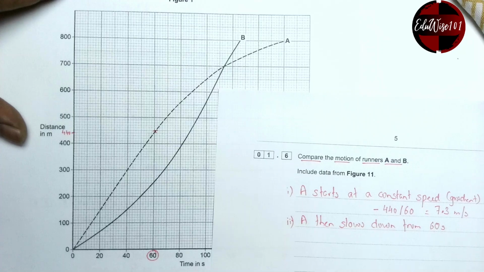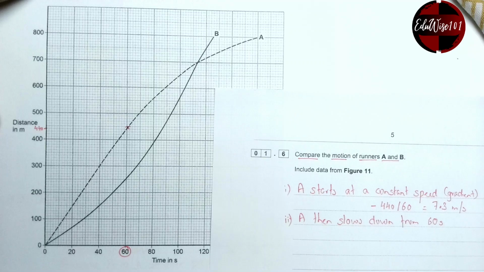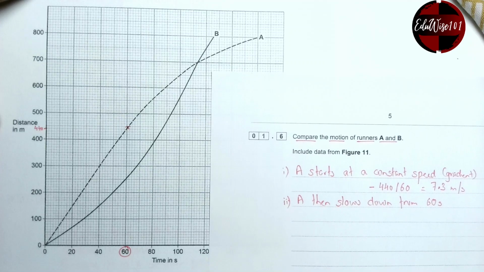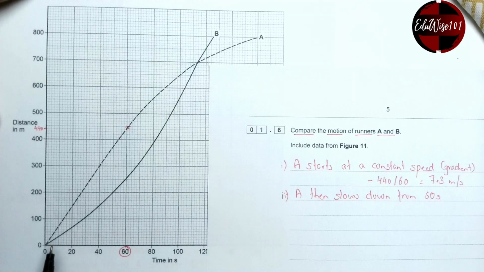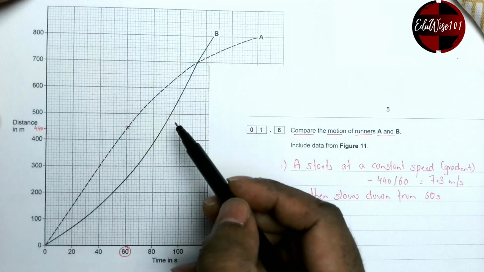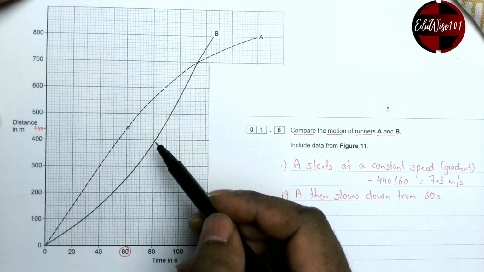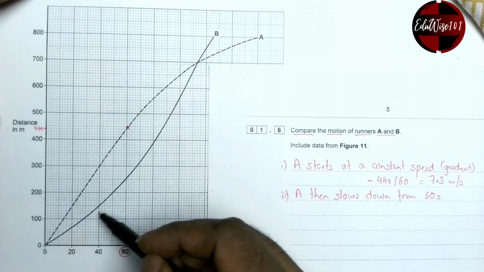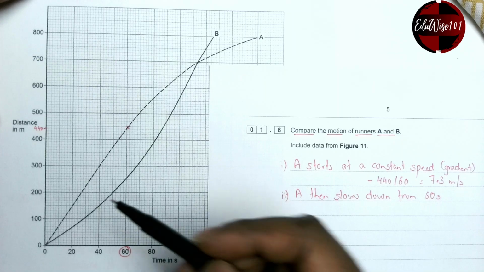Looking at runner B, let me see if I can fit this in. Yeah. Right. So looking at runner B, they actually have a lower speed, right? Because the gradient is lower than this point, it's less steep, right?